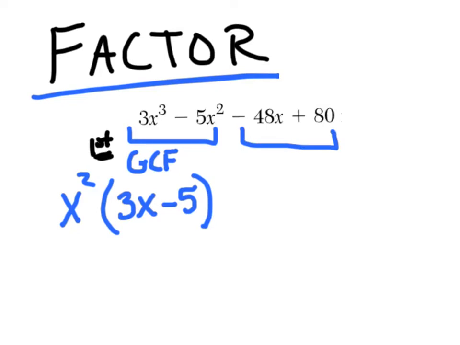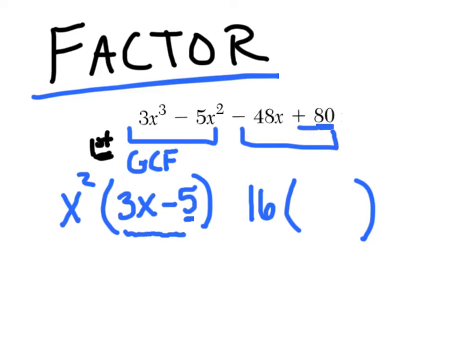Now, if you're running through numbers in your head, 2, 4, 6, 8, think about this. We want this to be the exact same thing we have left over here. So if you ever get stuck, I just say, well, if I have 80 and I want a 5, 80 divided by 5 is 16, so I'm going to pull out a 16. Now, do I want a positive 16 or a negative 16?